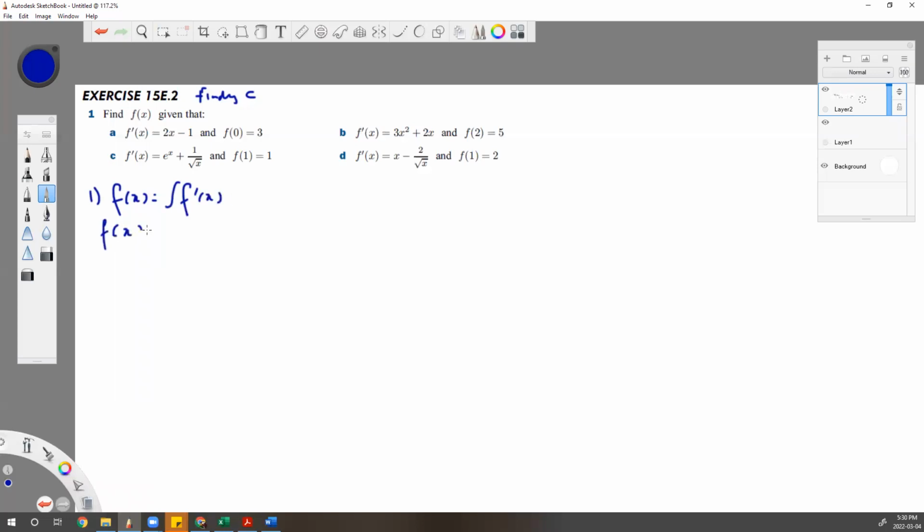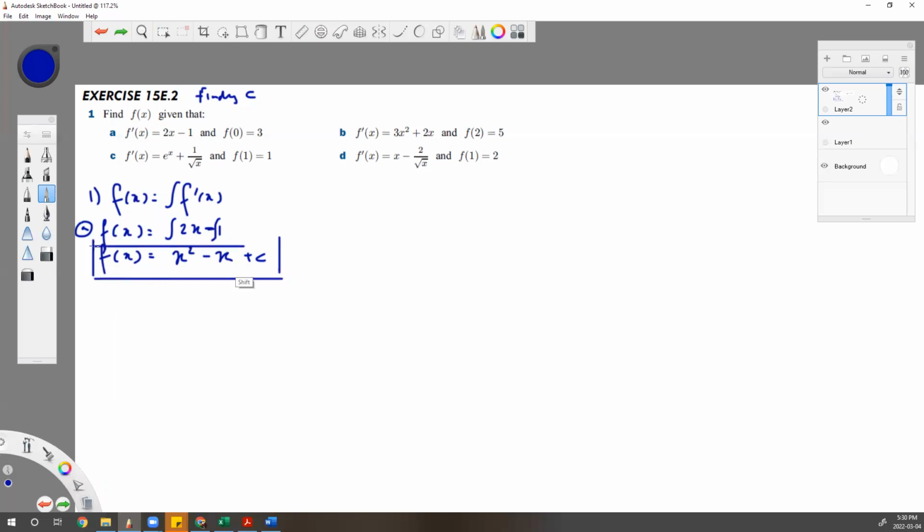So f(x) equals the integration of 2x minus 1. I separate the integration. It's okay. x squared minus x, plus c. Don't forget to put plus c. And we usually end here, right?